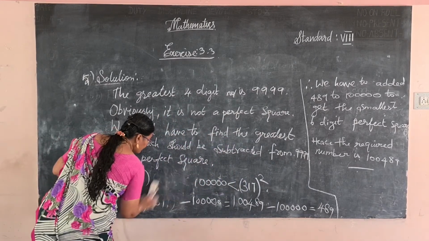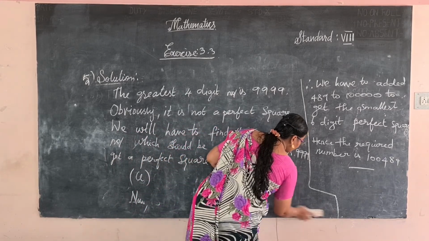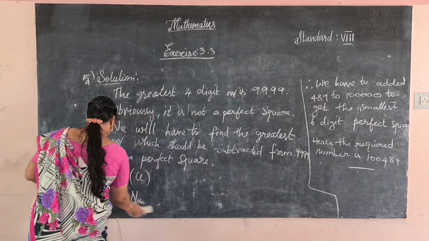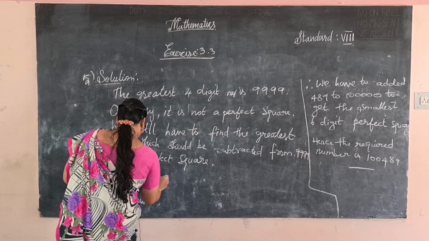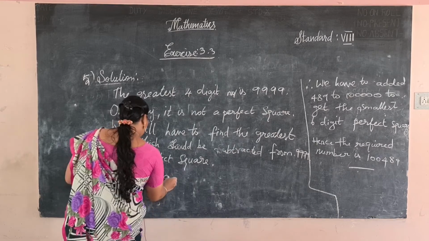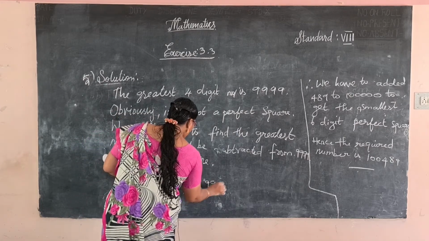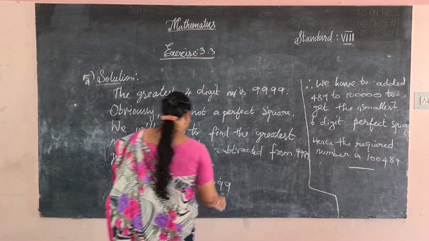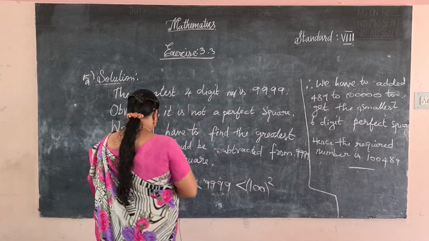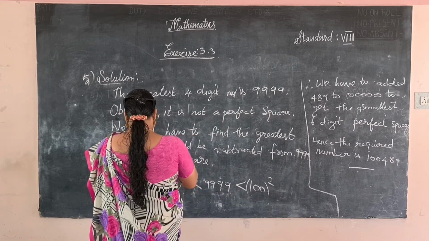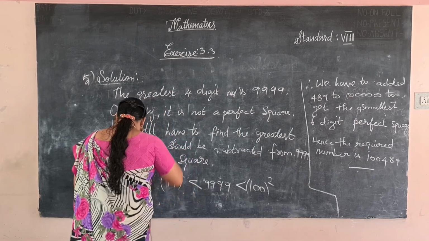99 squared is less than 100 squared. You know the 100 squared value.